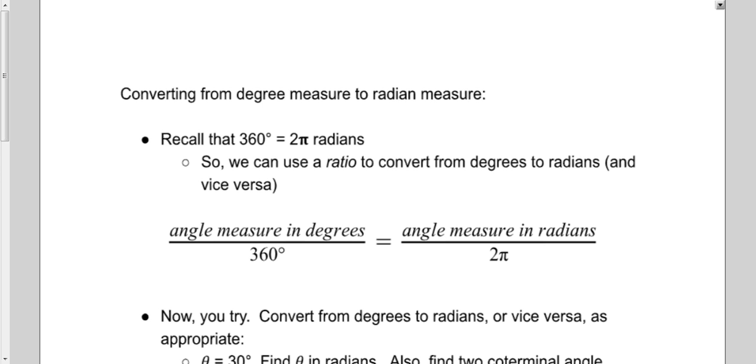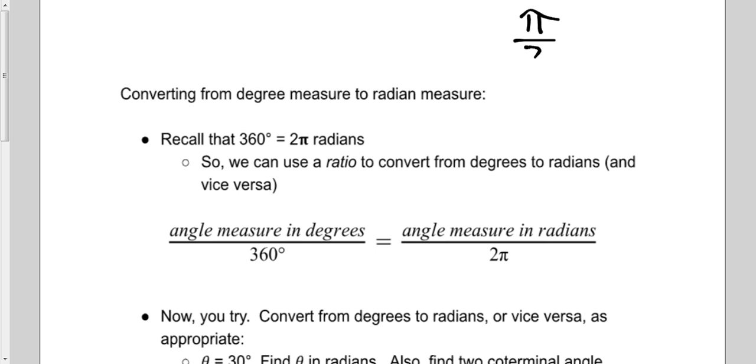Now think about this. I start at the positive x-axis. I go up to 90 degrees, or I go up to pi over 2. I'm in radian land now, right? I go up to pi over 2. How much of a full circle is that? Pi over 2 divided by 2 pi, right? Is that 1/4?